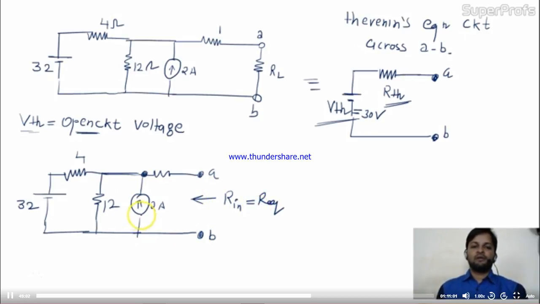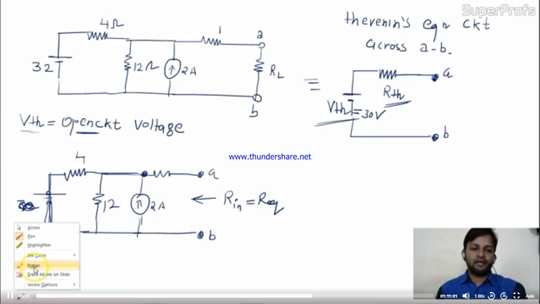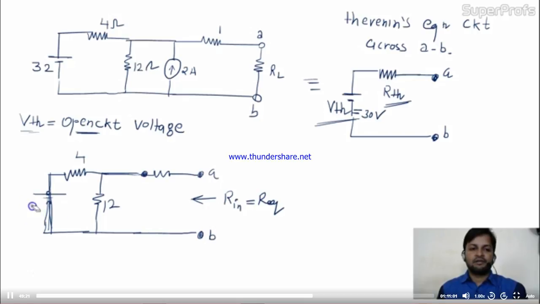So all voltage sources I'll shut down. We have to turn off the independent sources. How to turn off the battery? By making it short. How to turn off the current source? By making it open. Like this. Is it okay?